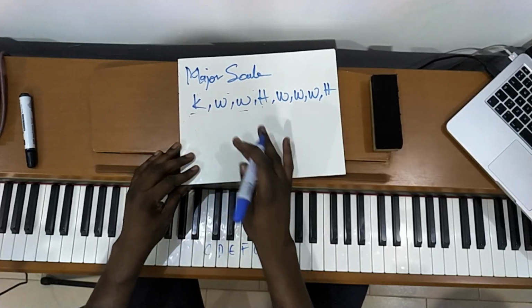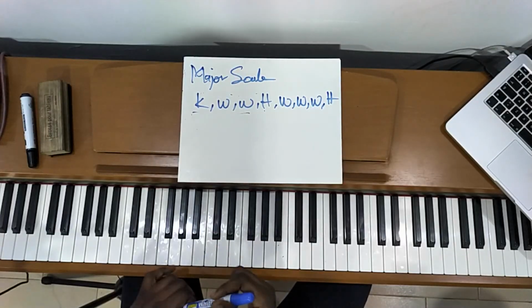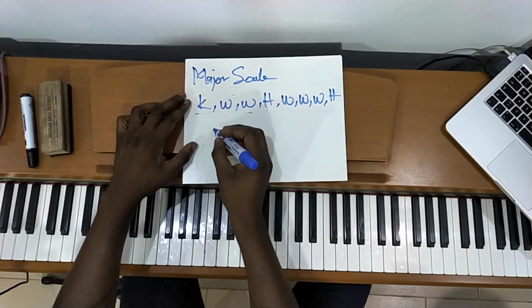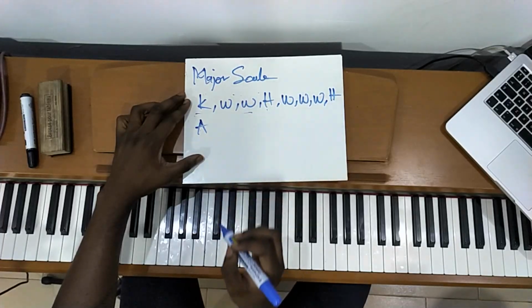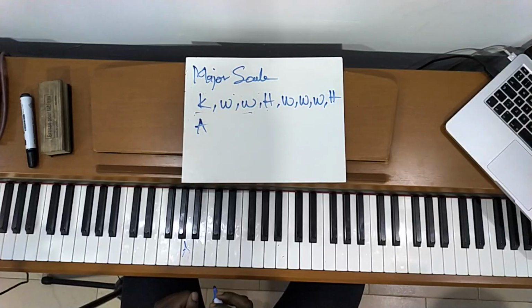So let's try that for the key of A. So always the K is your key. So you write A. So this is A. Okay. So how do we generate the do, re, mi, fa, sol, la, ti, do in the key of A?